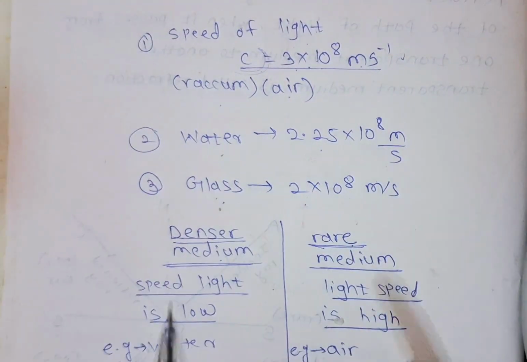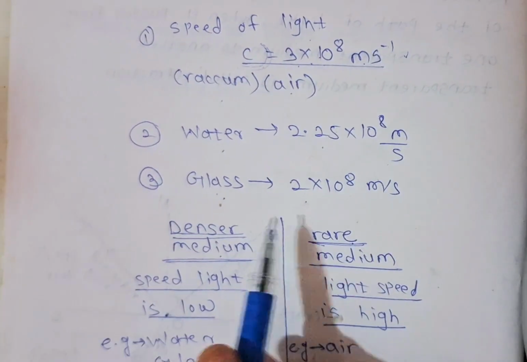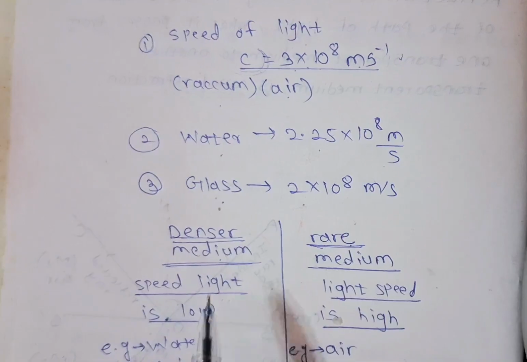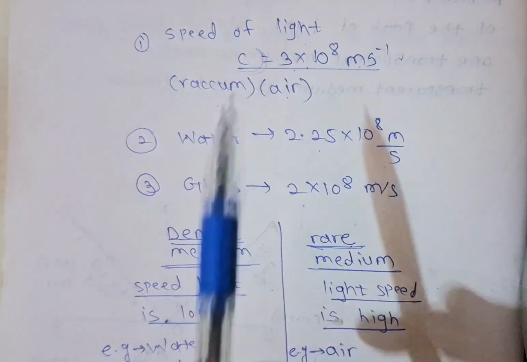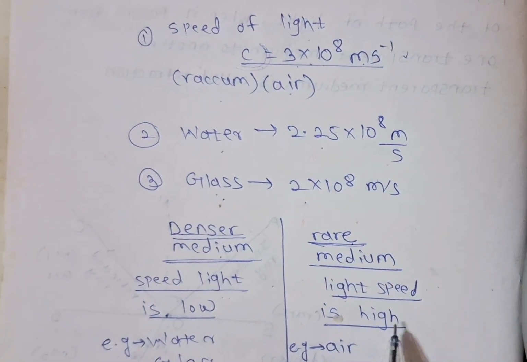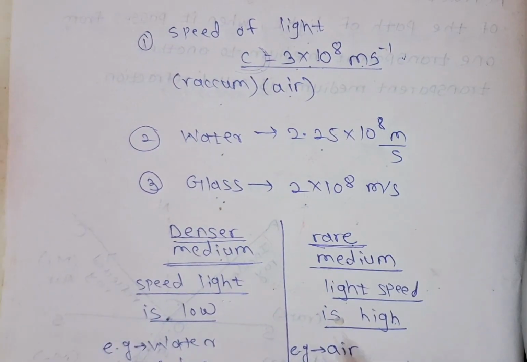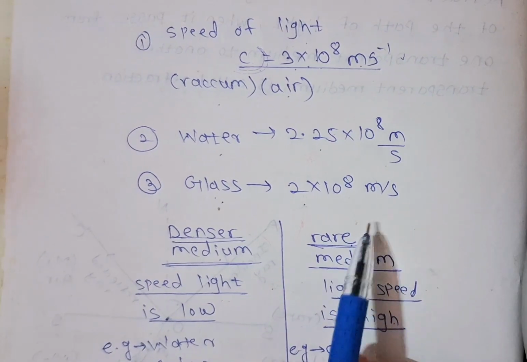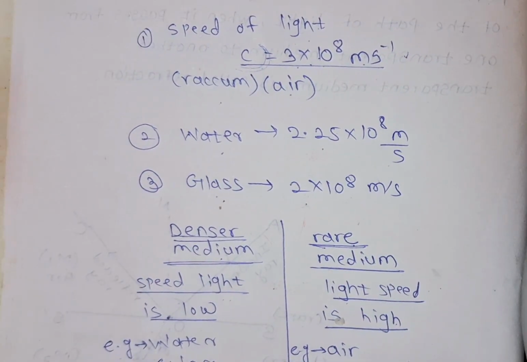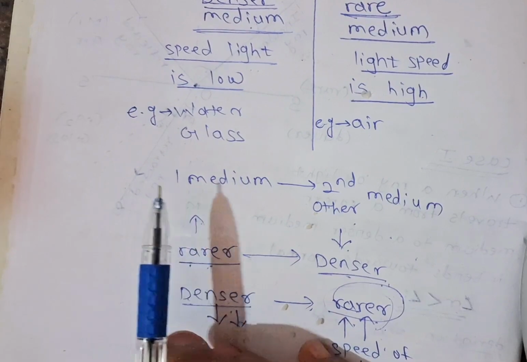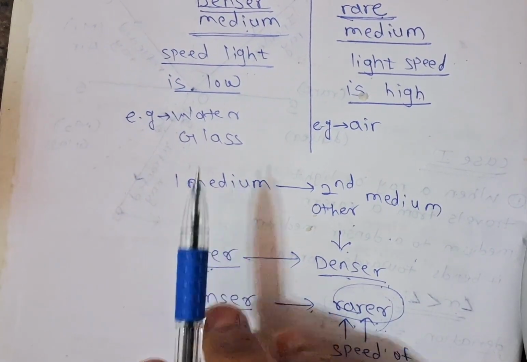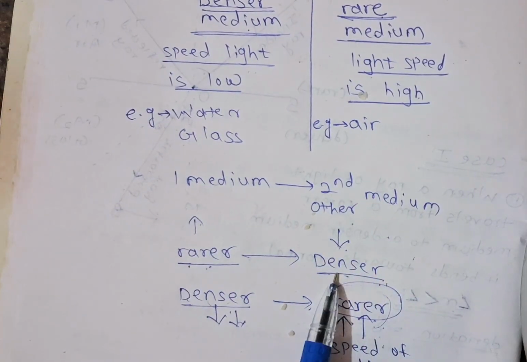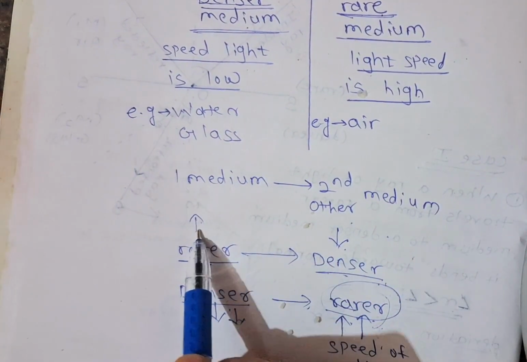So based on these values, we say that in denser medium the speed of light is low, and in rarer medium like air, the speed of light is high. For denser medium we can take water, glass. For rarer medium we can take air. Here when light comes from medium 1 and enters medium 2, if medium 1 is rarer and medium 2 is denser, then the speed of light is greater in the rarer medium.